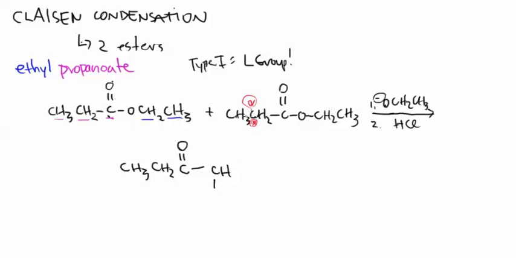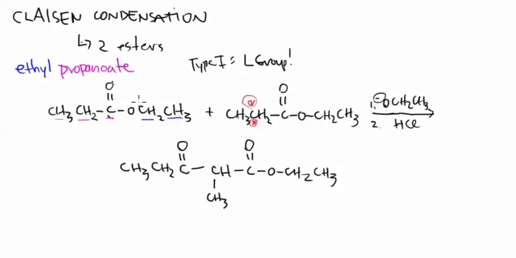Well, that carbon has a methyl group on one side, and this carbon has a C double bond O with an OCH2 and a CH3 that's there, and there is the new bond that is formed between my two ester pieces.